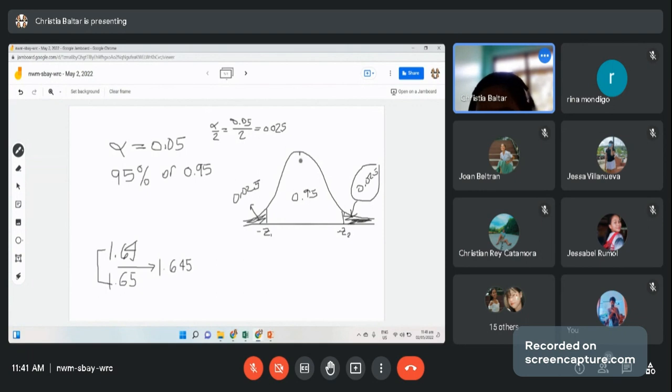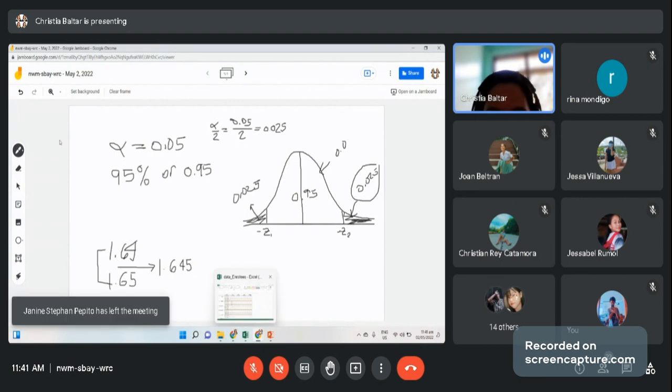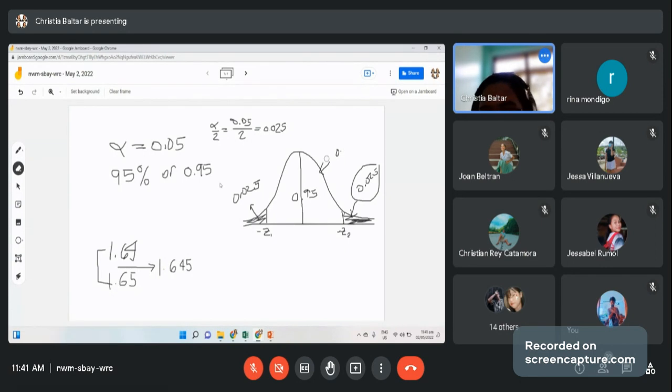So if this is 0.025, this must be 0.45, or 0.475 rather. So, wait a moment, this is 0.025, this is 0.475.